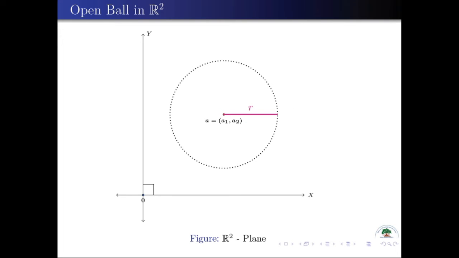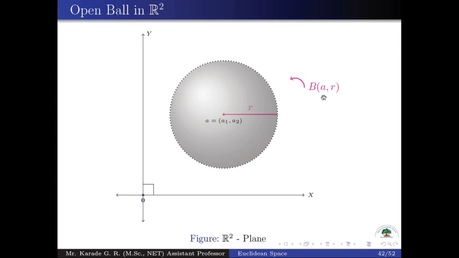Here we have drawn a dotted circle, meaning the boundaries are excluded, and we shade all the interior part of that circle. The set of all interior points of that circle forms an open ball. So this is the open ball about A with radius r in R2.